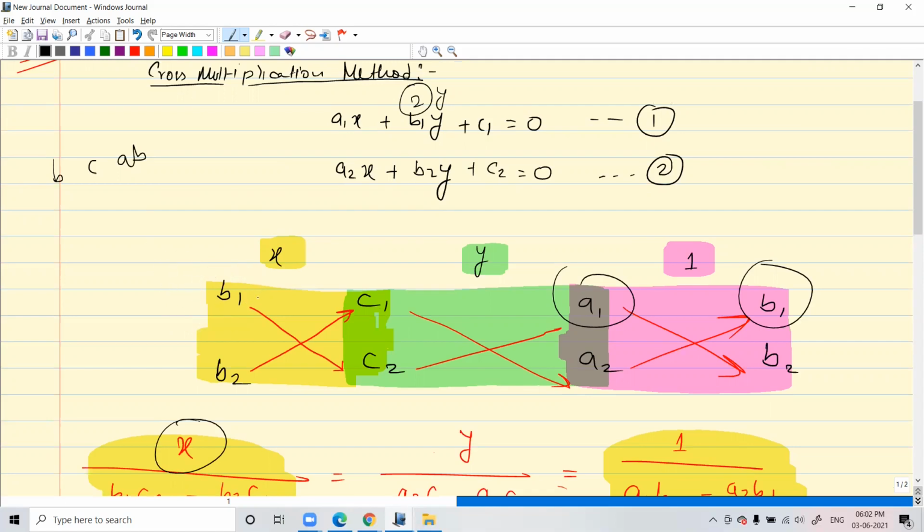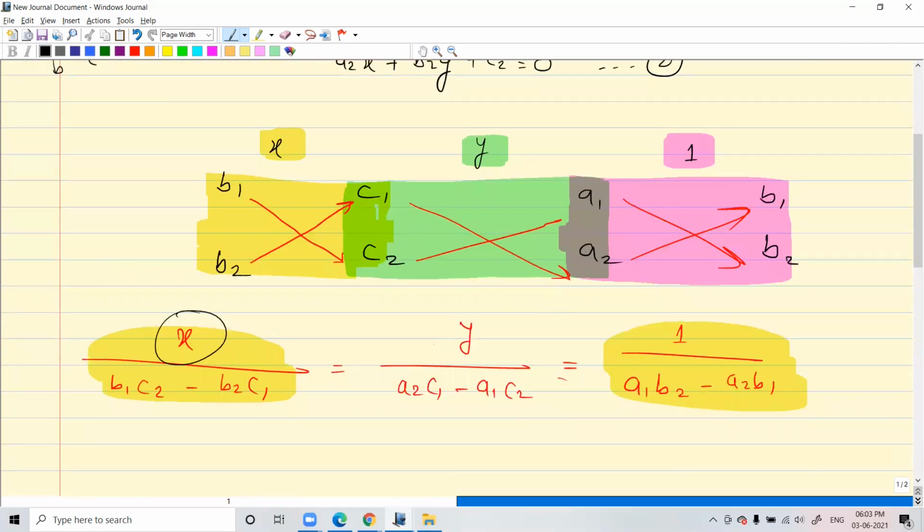I will take an example and solve this anyway, so just bear with it until then. So this is B1 C2 and B2 C1. This is how you will do it. B1 C2 and B2 C1 goes below the x.